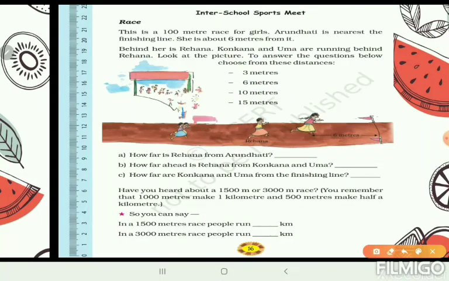We are going to find this total distance here. From here till here it is 6 meter, from here till here it is 3 meter, and from here till here it is 6 meter. To find the total distance, we are going to add 6 plus 3 plus 6, that is equal to 15 meters. So your third answer is 15 meter.